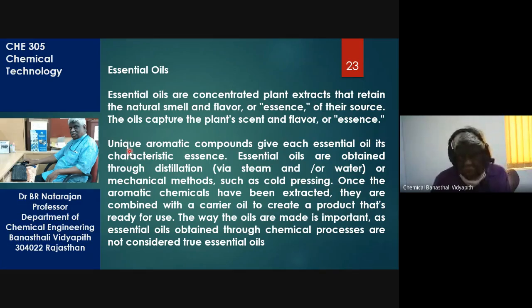So let's see. The unique aromatic compounds give each essential oil its characteristic essence.